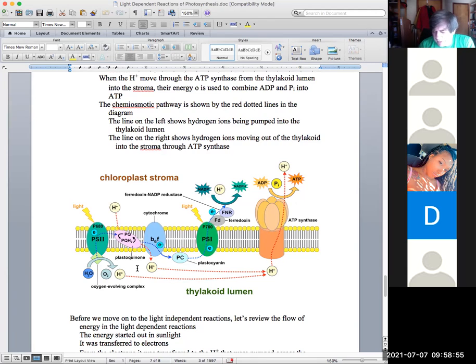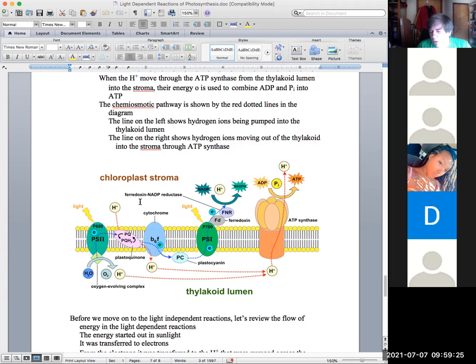This is in that chocolate area. We have hydrogens building up. And out here, we're pumping hydrogens out of here. So there's a lot of hydrogens in here in the thylakoid lumen. There aren't that many hydrogen ions out here in the stroma.